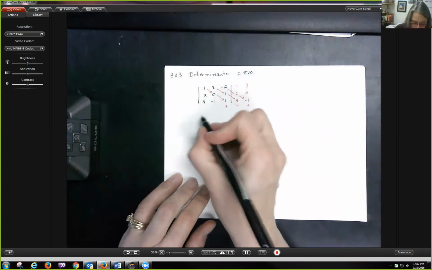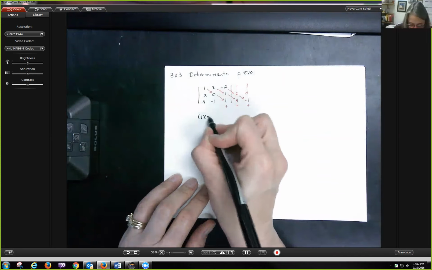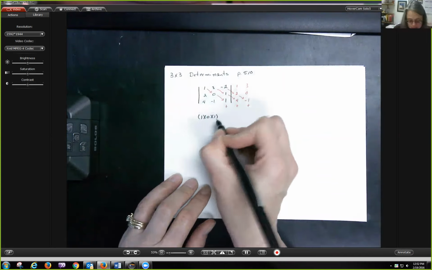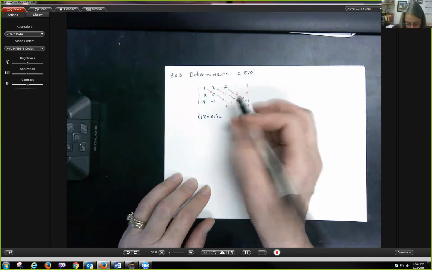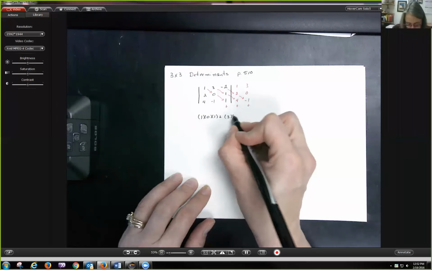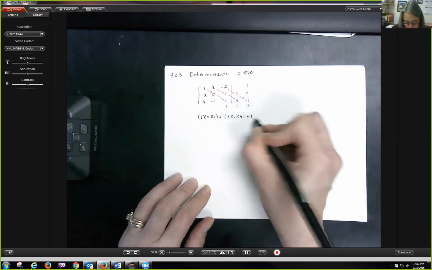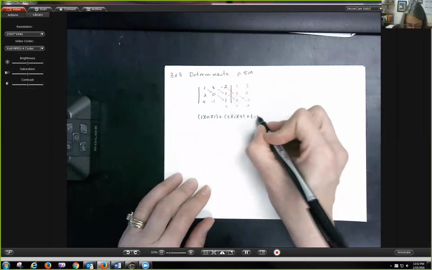So our first term in our determinant is 1 times 0 times 1 plus 3 times 1 times 4 plus -2 times 2 times -1.